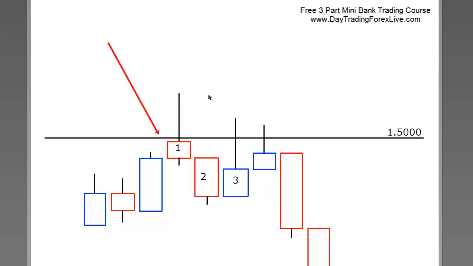So if we wanted to use a 20 pip stop and get our stop above the highs of candle number 1, and again, that's another topic of why we want our stop loss above the stop run high, that's a separate video, but we always look to use a 20 pip stop, and therefore what we need to see is candle number 3 pull back to within 15 pips of the high of candle number 1.